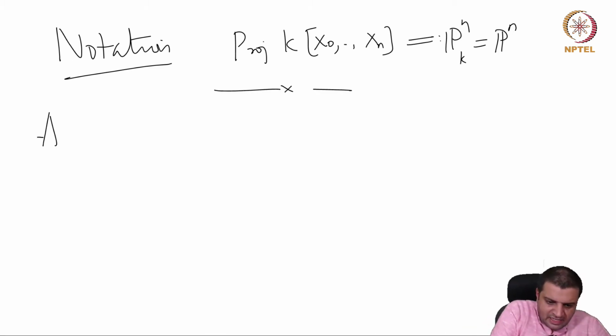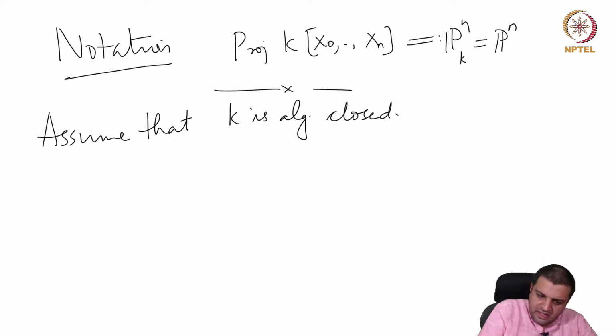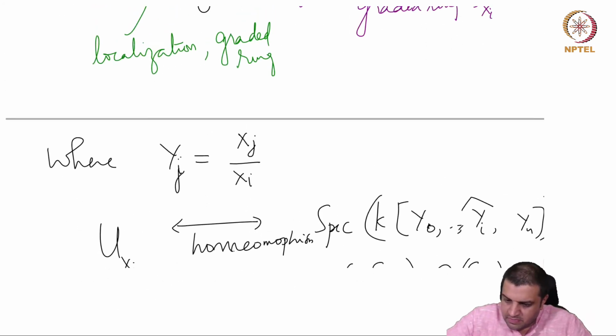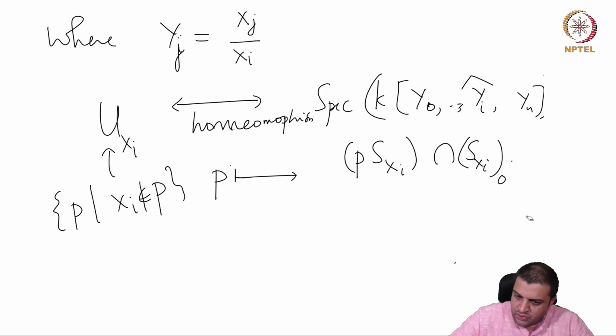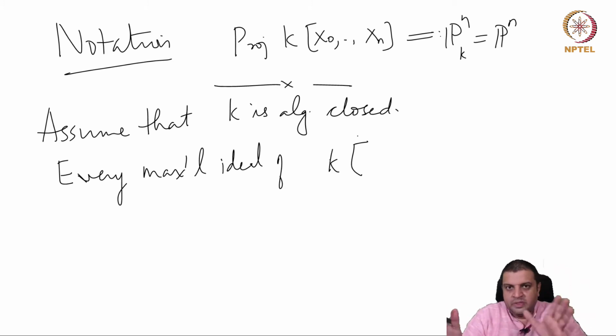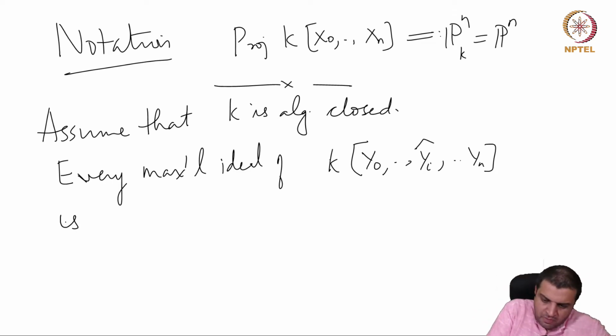Now assume the case where k is algebraically closed. Then every maximal ideal of this ring, the ring corresponding to that open subset, y0 skip yi up to yn, is of the form (y0 minus a0, up to yn minus an). There is no ith term, there are just n terms inside this. Remember, the identification between these two rings is that yj is the ratio xj over xi.